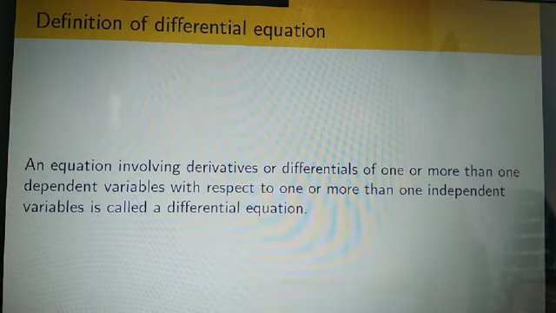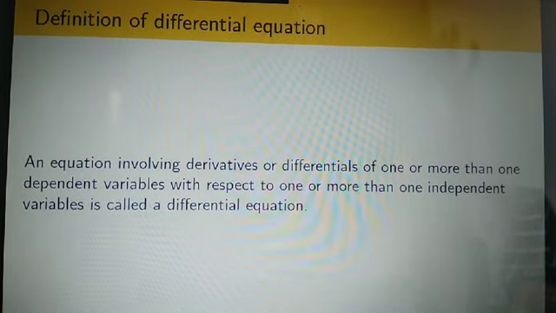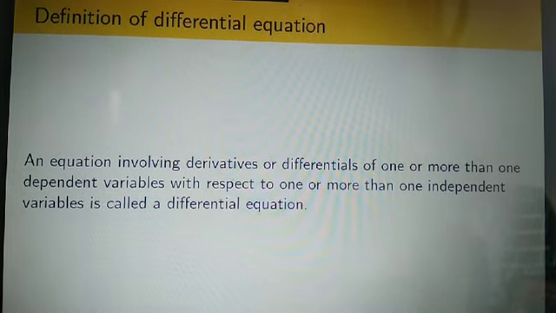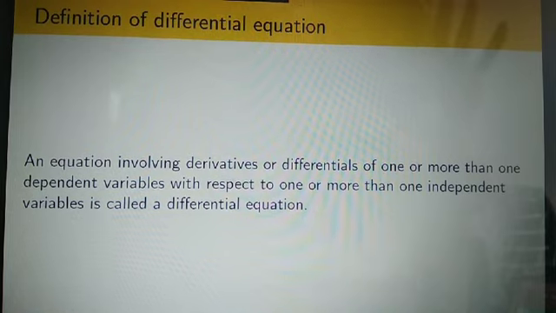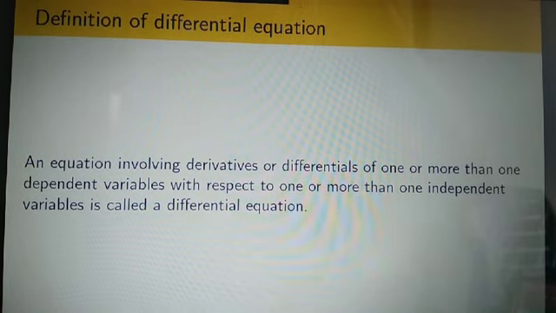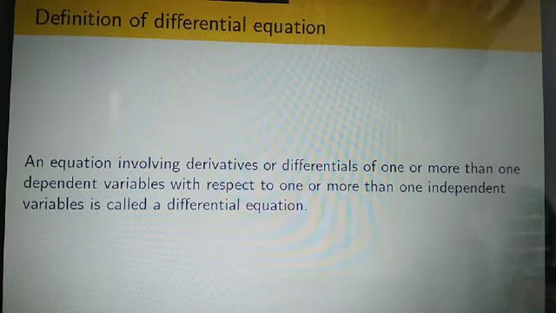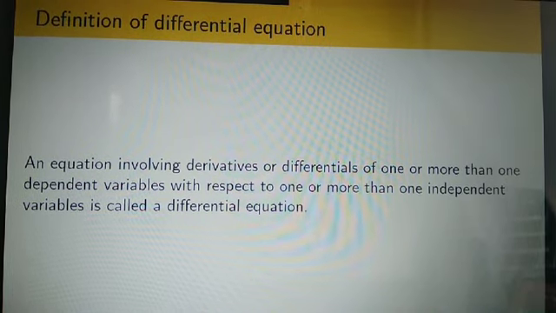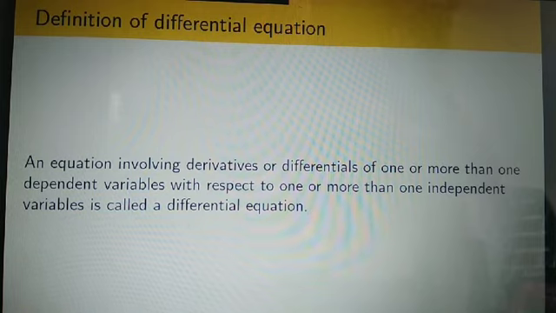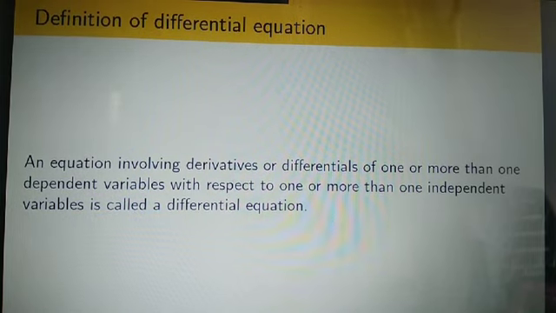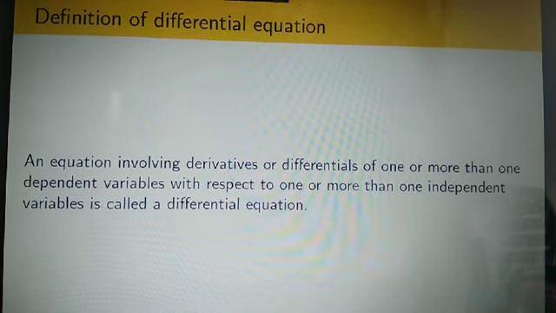This is so simple. If derivatives or differentials are involved in an equation, which may be a function of one or two or more independent variables, this is called a differential equation.